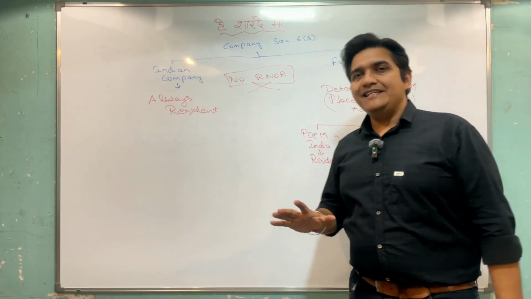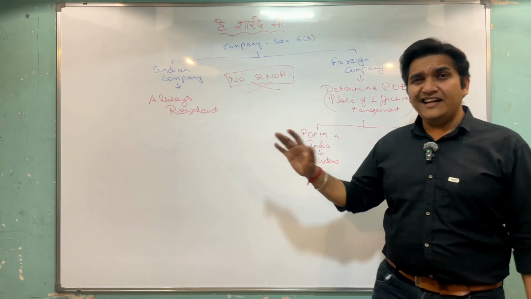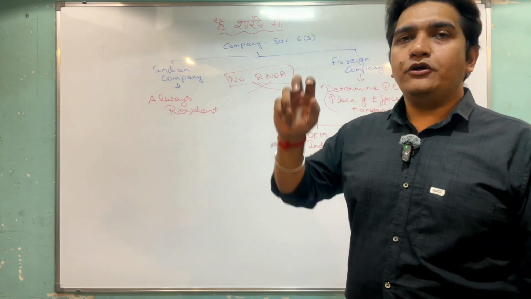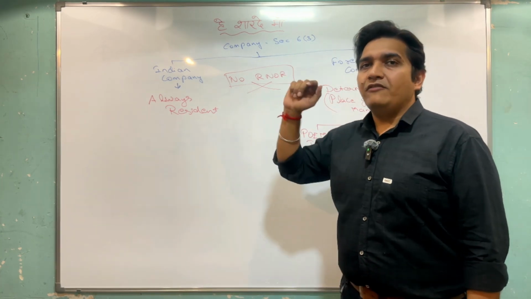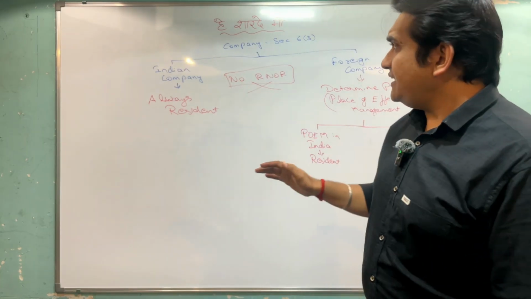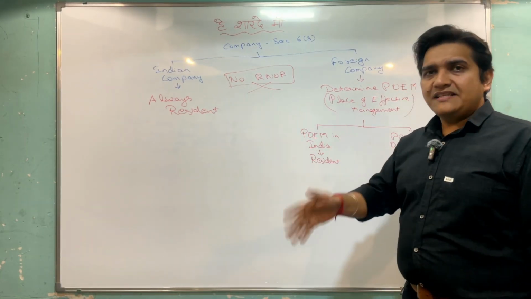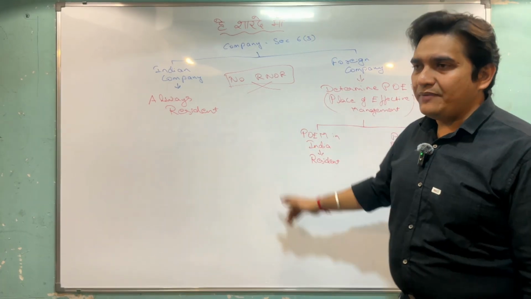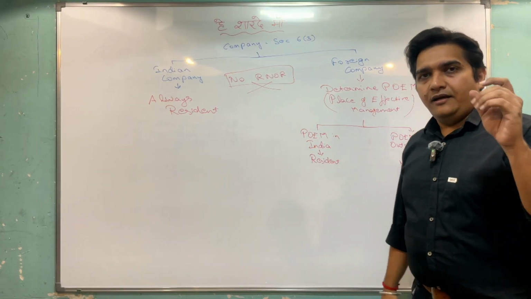Unless you clearly understand these sections, you will not be able to solve complicated problems when we get to calculation of total income under salaries or the other heads, right? In many cases, the first step would be determining the residential status. So this is very important.